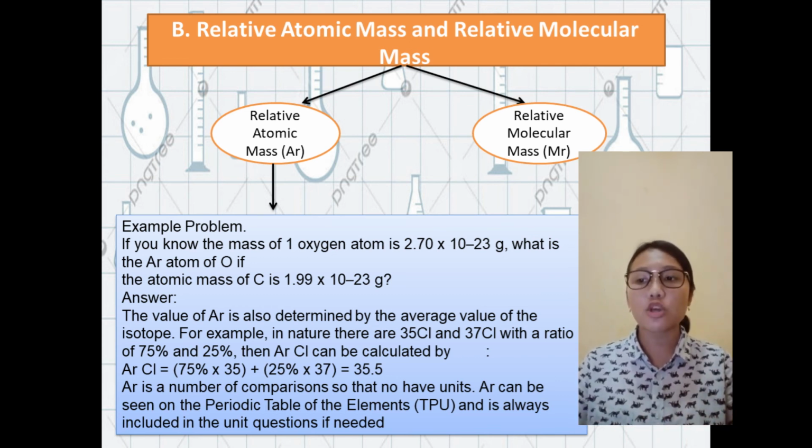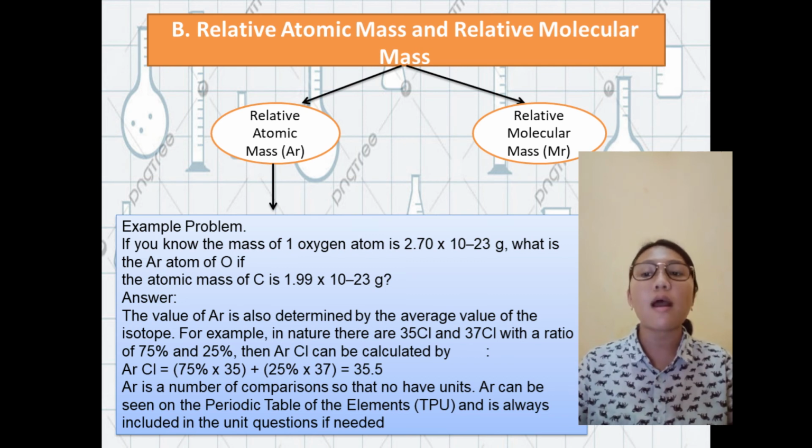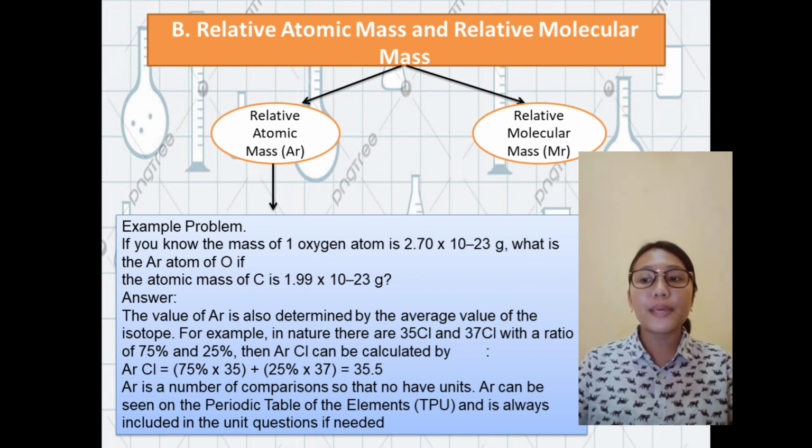The same elements combine to form elemental molecules, whereas different elements form compound molecules. The molecular mass of the element or compound is expressed by the relative molecular mass or Mr. Relative molecular mass is the ratio of the molecular mass of the element or compound to 1/12 the atomic mass of C12.